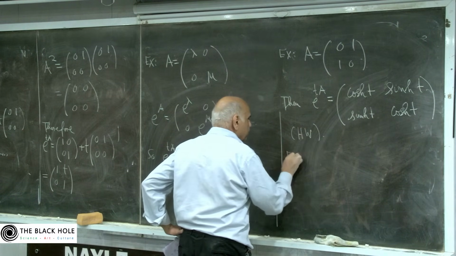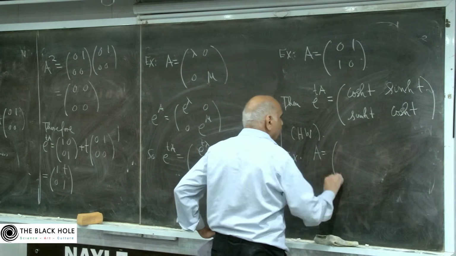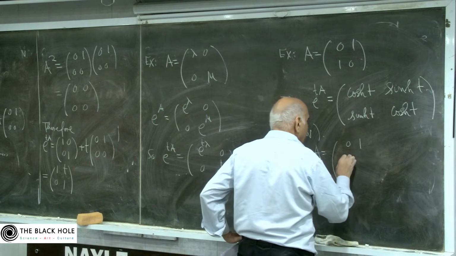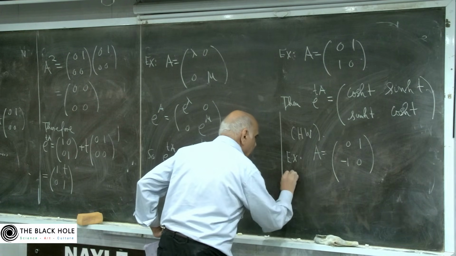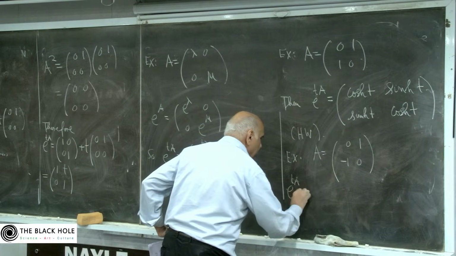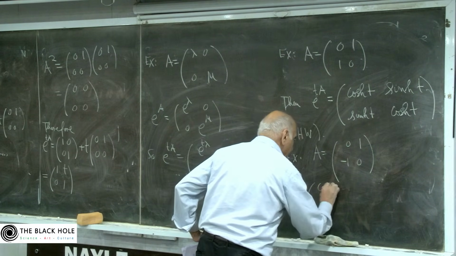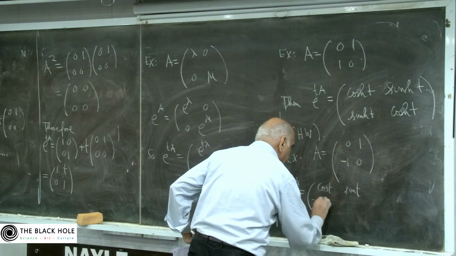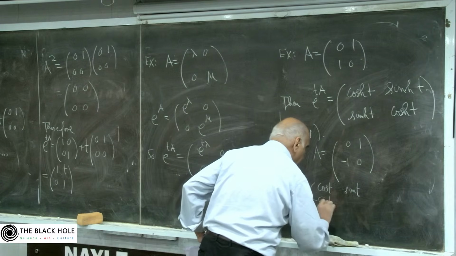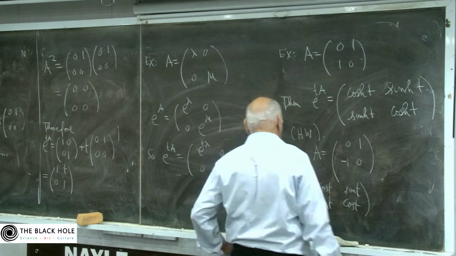And then you take A equal to 0 1, minus 1 0, then e to the power of TA is cos t, sin t, minus sin t, cos t. Okay.